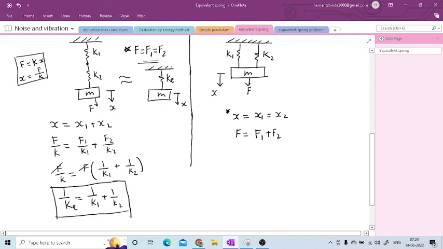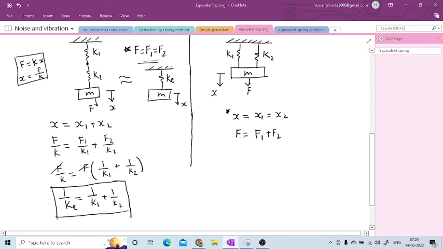Now similarly I'll do it for the parallel combination. For parallel combination we know that the displacement of each spring is the same. So in the star mark you can see X is equal to X1 is equal to X2 and the force will get divided. So F is equal to F1 plus F2.